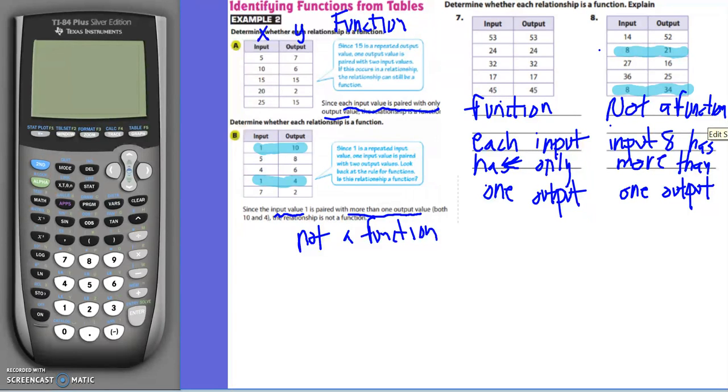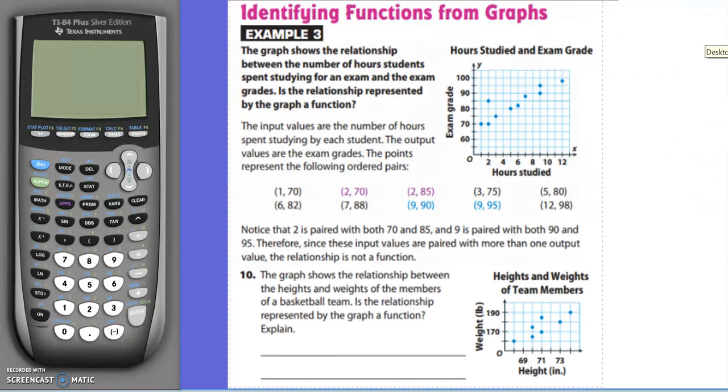Alright, the last thing that we're going to take a look at is graphs. So, identifying functions from graphs. The graph shows the relationship between the number of hours students spent studying for an exam and the exam grades. Is this relationship represented by the graph a function? Alright, so we have the points (1, 70), (2, 70), (2, 85), (3, 75), (5, 80), (6, 82), (7, 88), (9, 90), (9, 95), (12, 98).